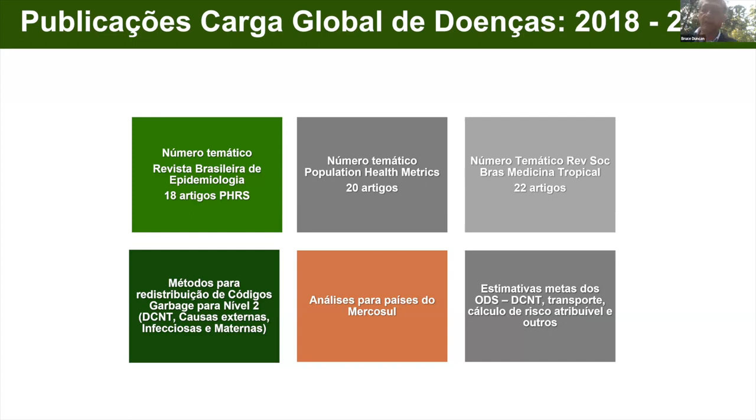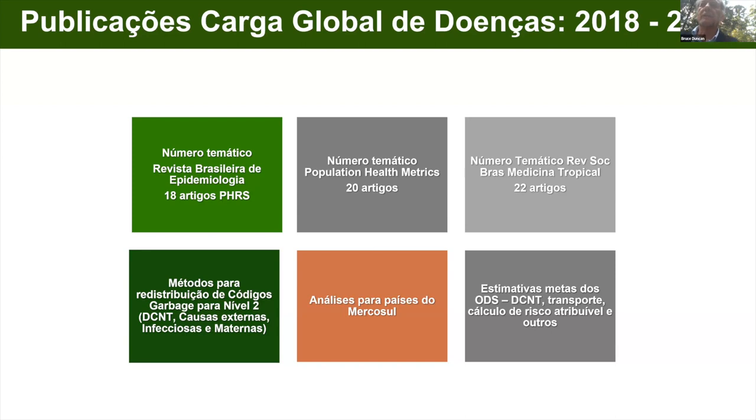It has stimulated production of several other articles, some of the topics of which are mentioned here, for example, analyses in countries of Mercosur. And so publication is probably the main activity of the network.